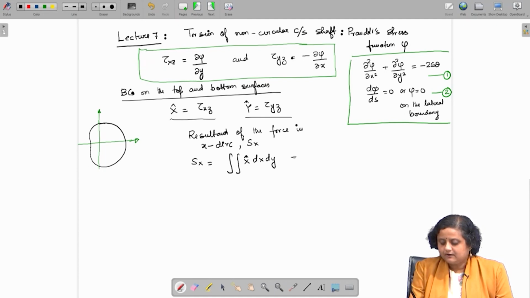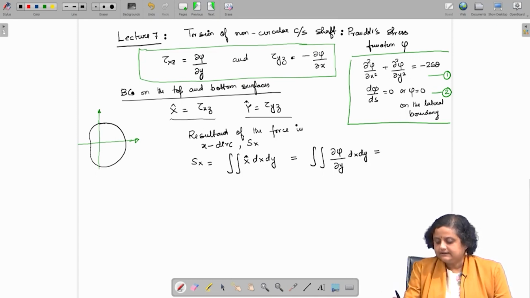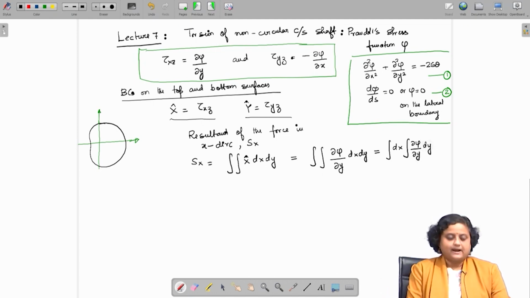In place of x hat, I can write this in terms of the Prandtl stress function as del phi by del y, into dx dy. Now, I can always write this integral in this form.